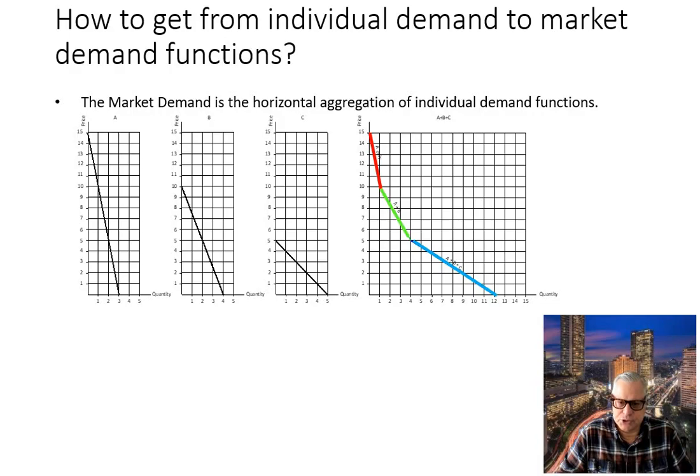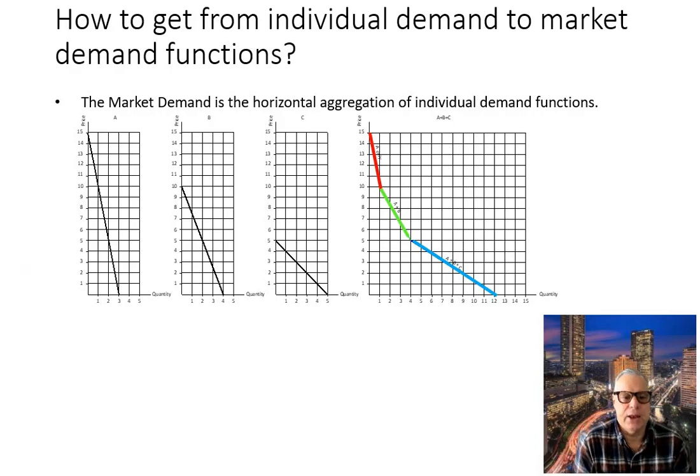But if it's a substitute, so if the price for apples goes down, then demand for pears goes down. And lastly, you know how we get from individual demand functions to the market demand function.